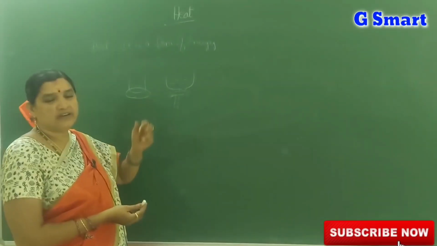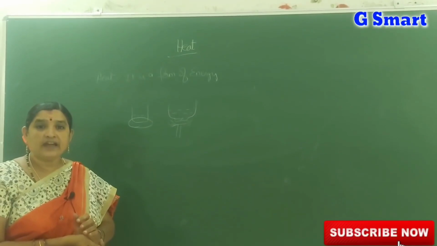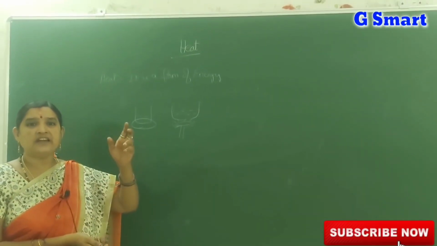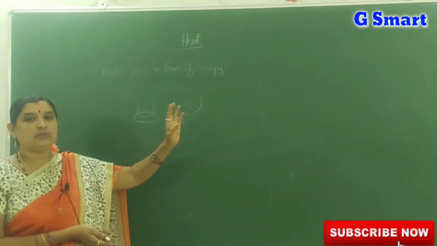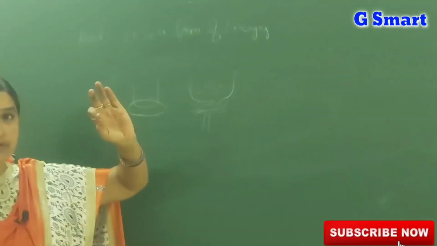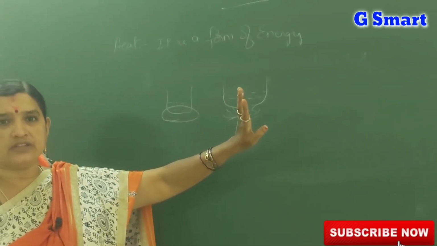Therefore, how can we define the relation between kinetic energy and heat? The average kinetic energy of the gas molecules is directly proportional to the absolute temperature. Keep in your mind, absolute temperature, not direct temperature.